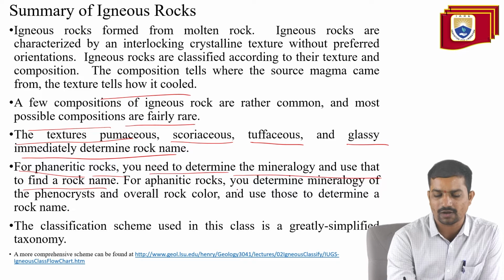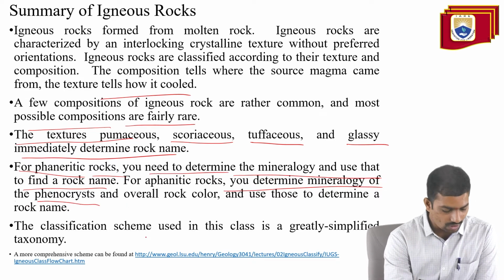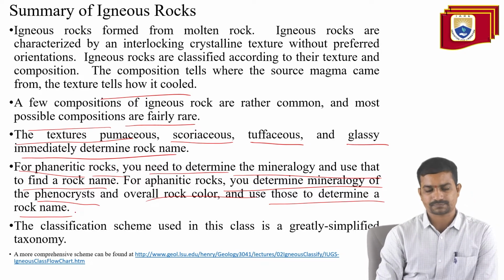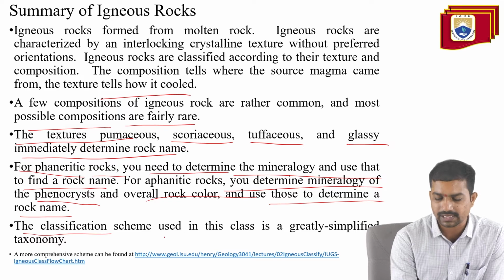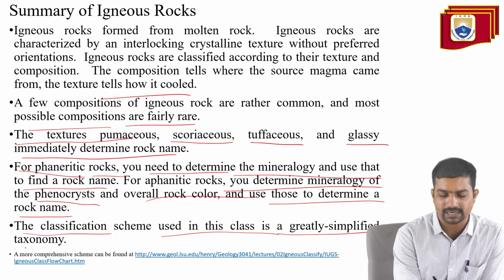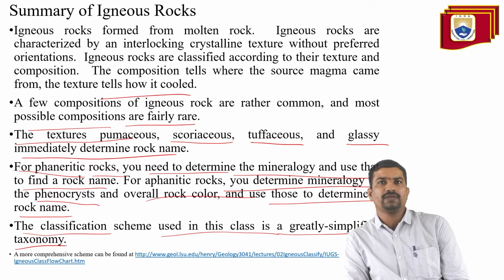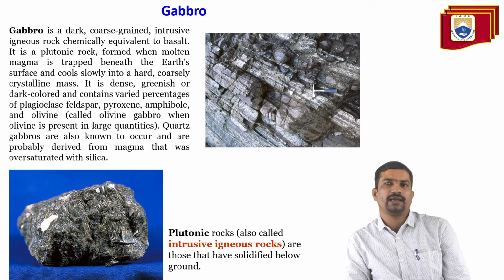For aphanitic rock, you need to determine the mineralogy of phenocrysts and overall rock color and use those in determining the rock name. The classification scheme used in this class is a greatly simplified taxonomy. So we will see some other examples of igneous rock.